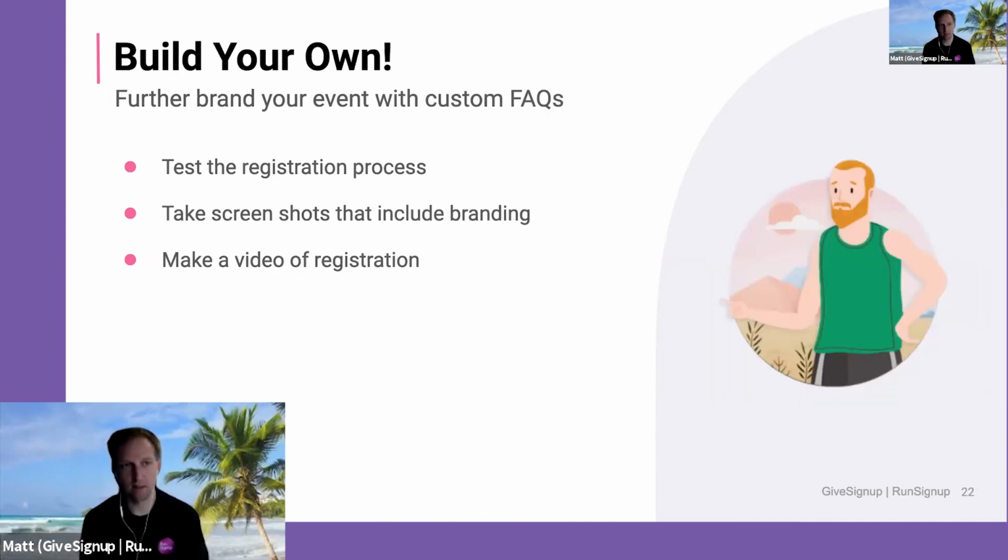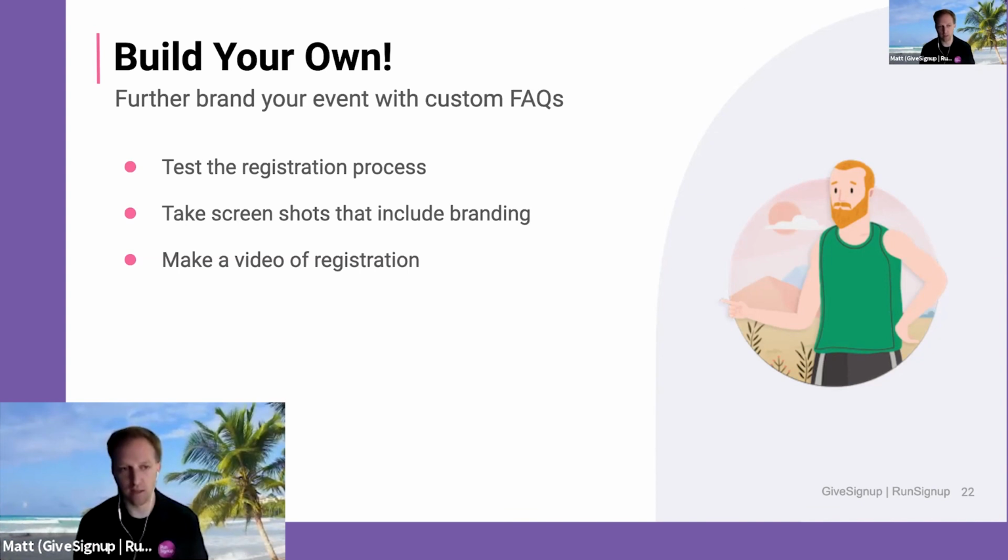And then the last thing to do is build your own FAQ, with actual screenshots demonstrating and walking them through creating a fundraiser, stuff like that. This is great because it gives you the opportunity to test the registration process first, and make sure you're collecting the information that you need for your participants, and that it's very simple, easy and straightforward. Then you can take screenshots of that process to brand your color scheme, the logos, the race and things like that.